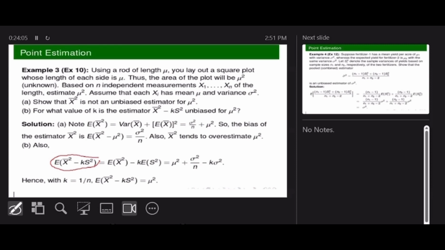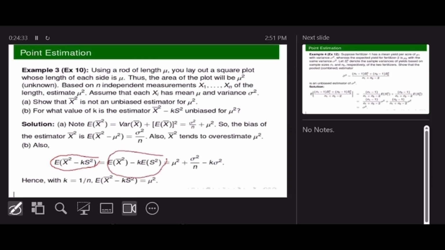What if I remove K S squared, where S squared is the sample variance and K is unknown? Now I can decide to figure out what the K is going to be when I assume that this is going to be unbiased. Please, I need you to pay attention.